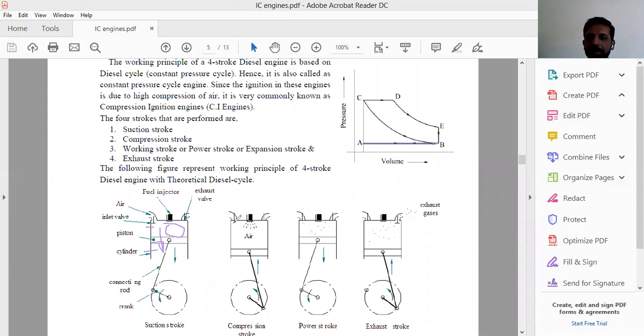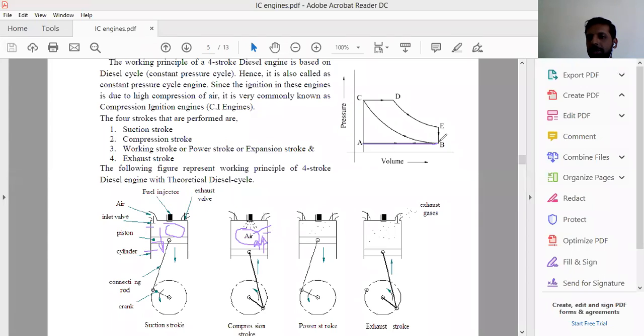Next, what is going to happen in the compression stroke? The inlet valve is closed, the outlet valve is closed. So that means it is like a confined cylinder, confined space. So the piston is going to move in the upward direction, that is from BDC to TDC, compressing the air that is present. So the pressure will increase. It is increasing because the piston is moving, which means the volume present in the piston cylinder arrangement is decreasing.